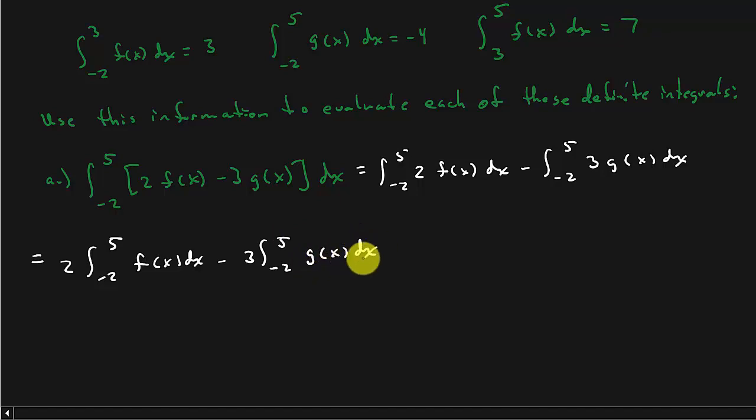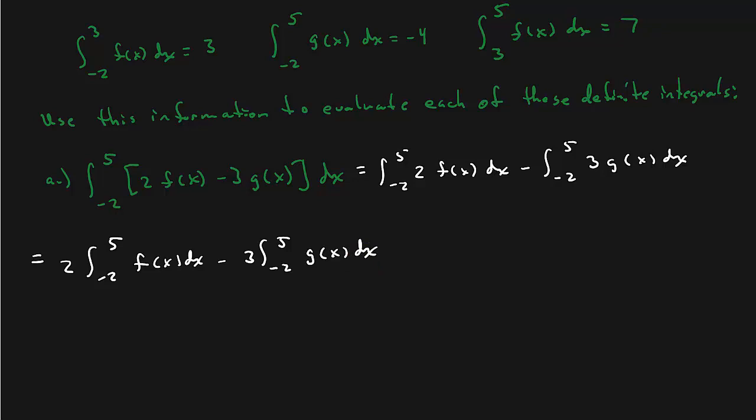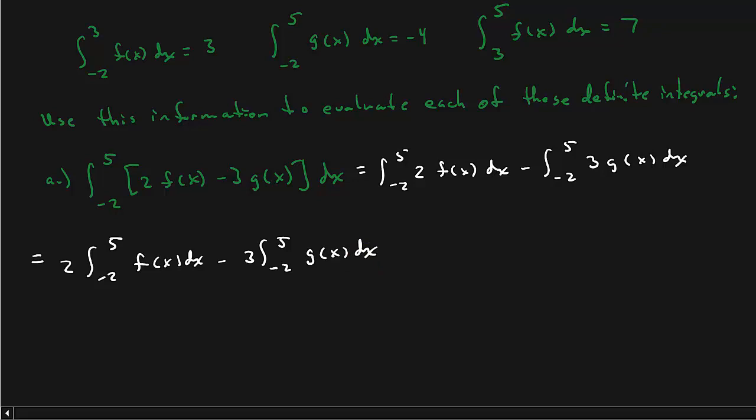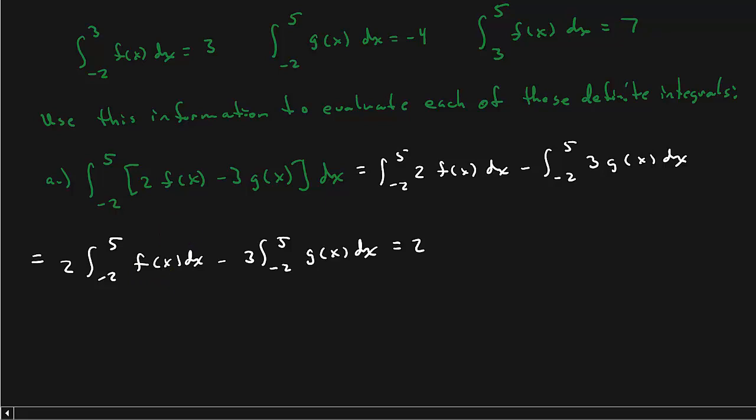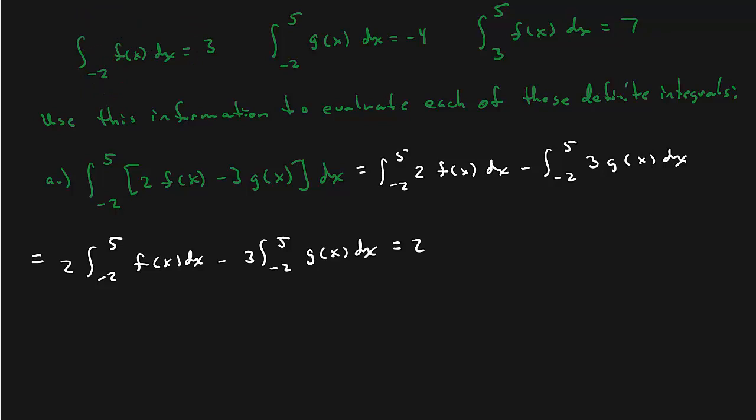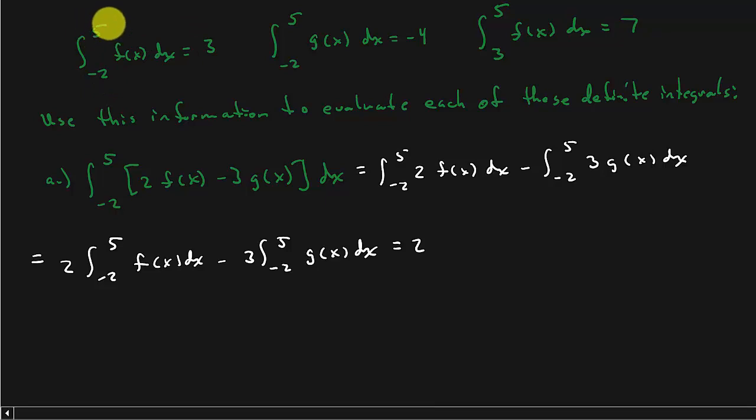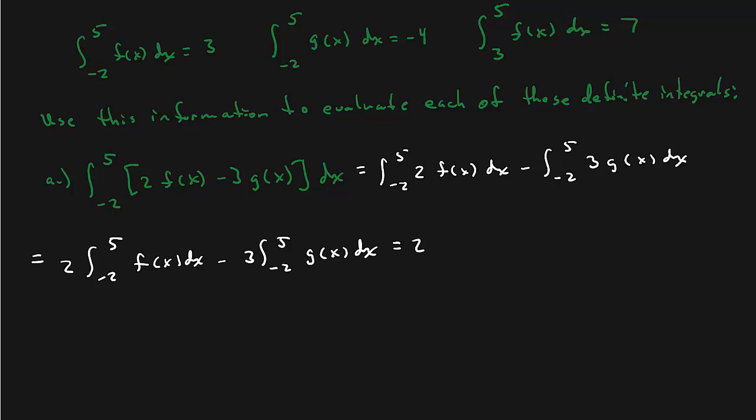And so now we are left with 2 times, well, what is this? -2 to 5 f of x. Okay, I actually copied this problem down wrong. You see this -2 to 3? That should be -2 to 5.